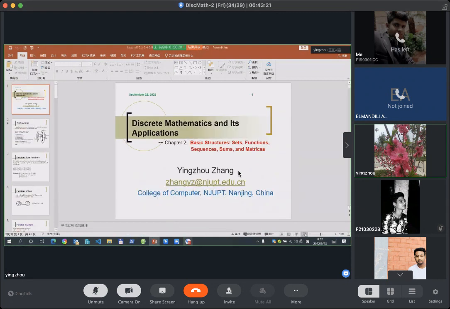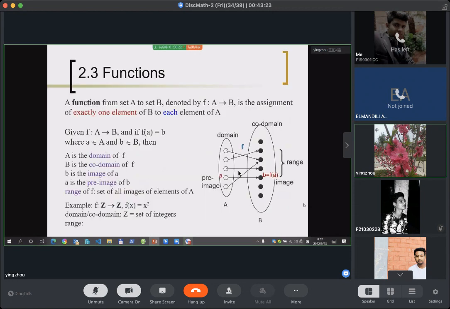We have already understood how the computer describes the set. Also, we have the Cartesian set.